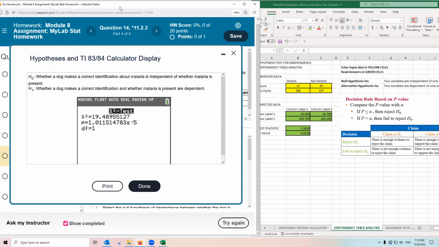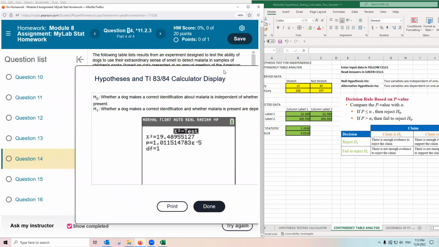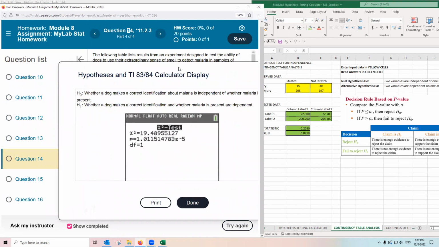It looks like they're giving me the test statistic and the p-value. This number right here is the test statistic. For our example, the test statistic, which we label as a chi-squared value, is 19.489. Here's the p-value. It's labeled just as p. So the p-value is 1.0115 e to the negative 5.